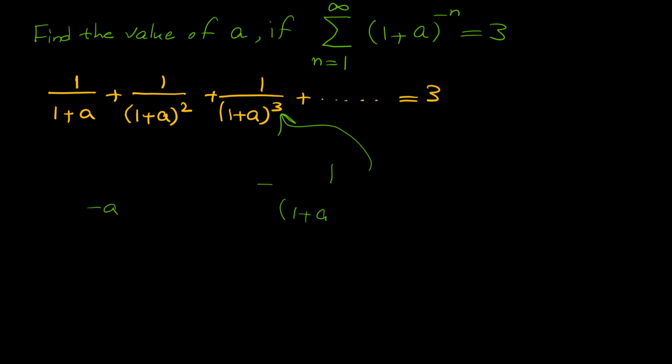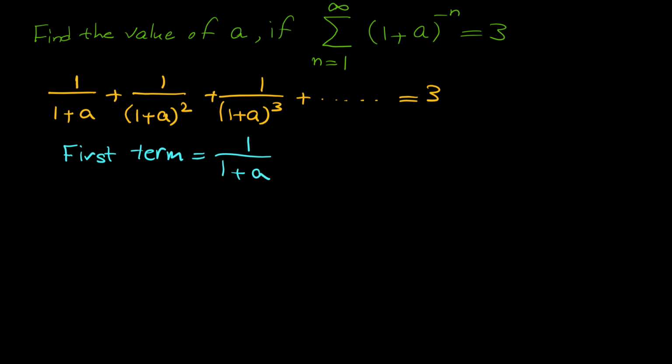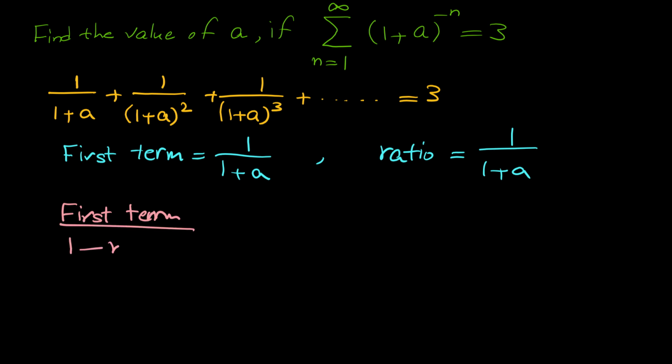So, in this geometric series, what is the first term? The first term is 1 over 1 plus a. What is the ratio? The ratio is also 1 over 1 plus a. Now if you remember the formula that I told you to memorize, the first term over 1 minus ratio is the sum of a geometric series.